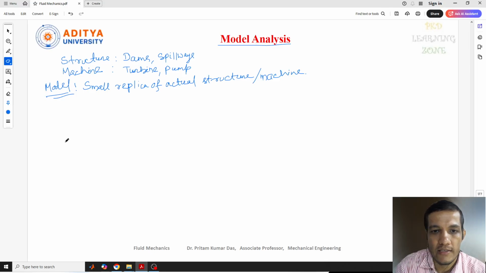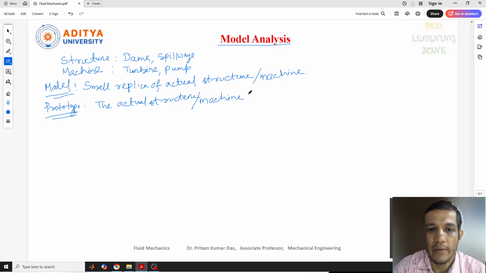So let us consider this structure or machine. Next is the prototype. The prototype is nothing but the actual structure or machine, and it is called the prototype.